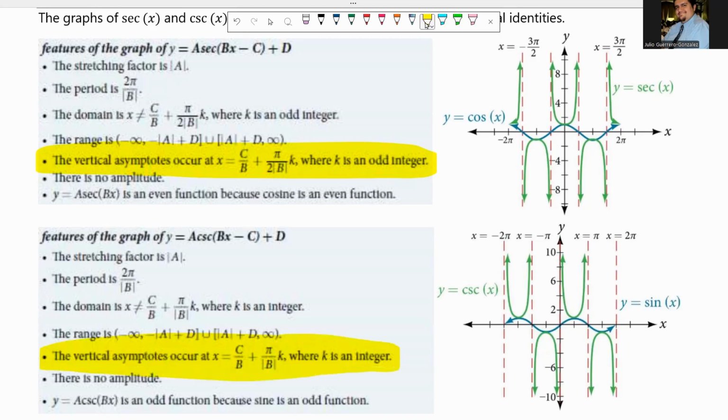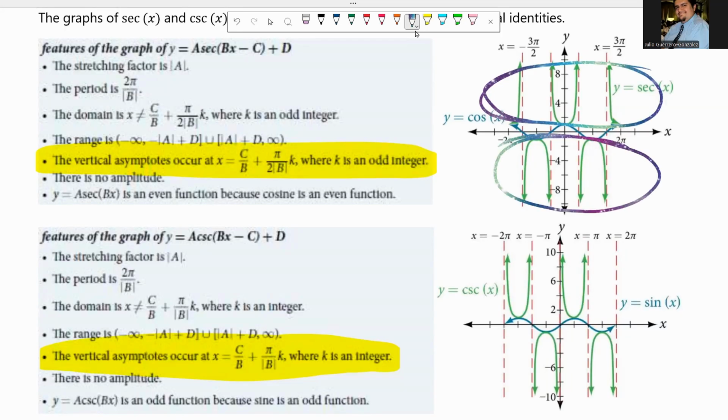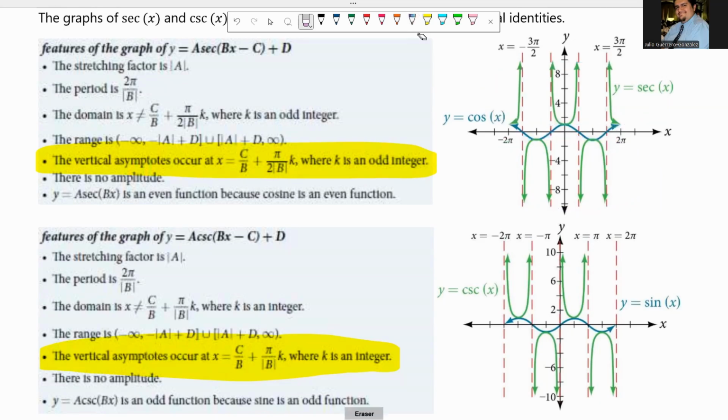But let me point this out. You guys see these green sections that are up here and green sections that are down here? Both of those combined are secant, and both of these combined are cosecant.